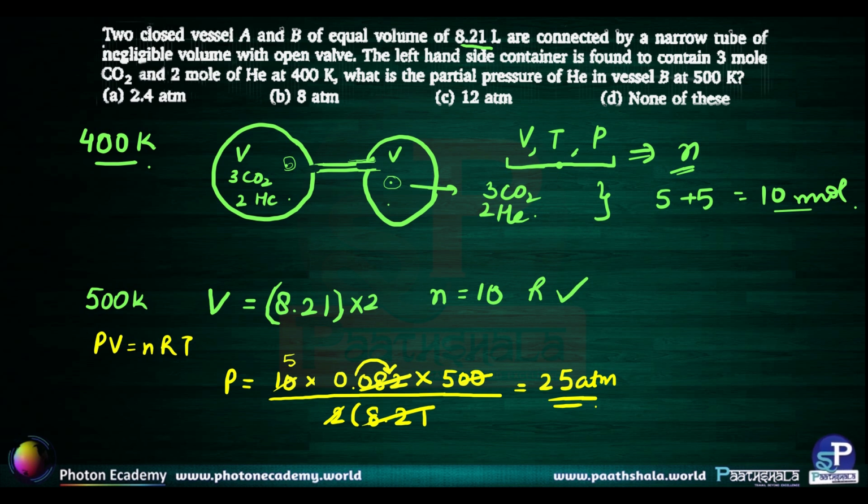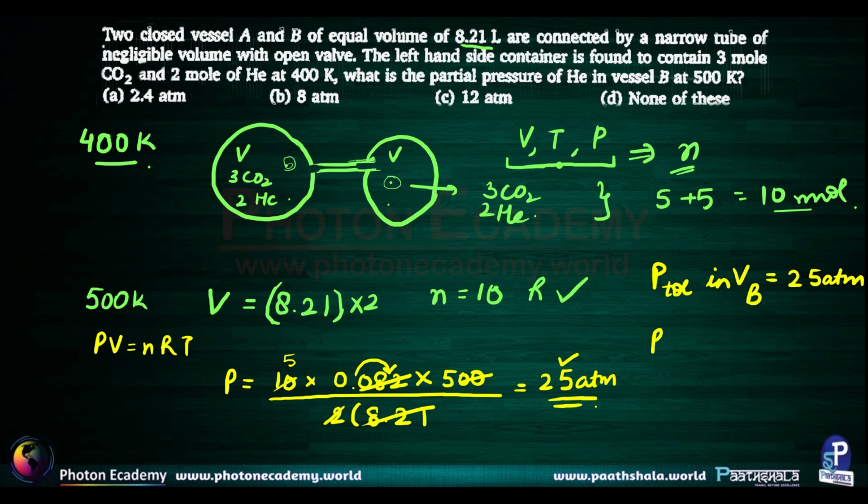So what will be the partial pressure of helium in vessel B? Now we know that the pressure in vessel A will be equal to the pressure in vessel B. So the total pressure in vessel B will be 25 atm.